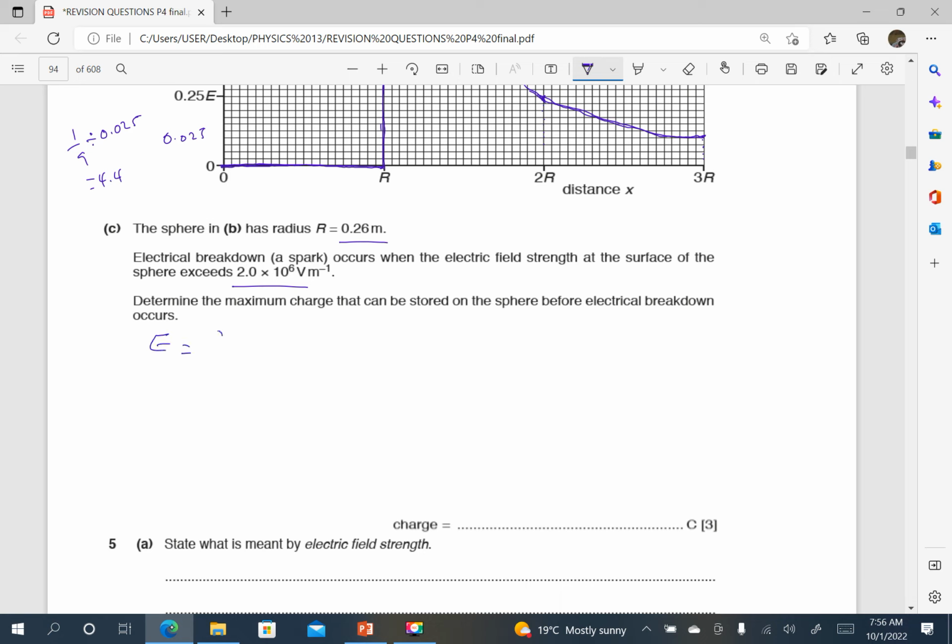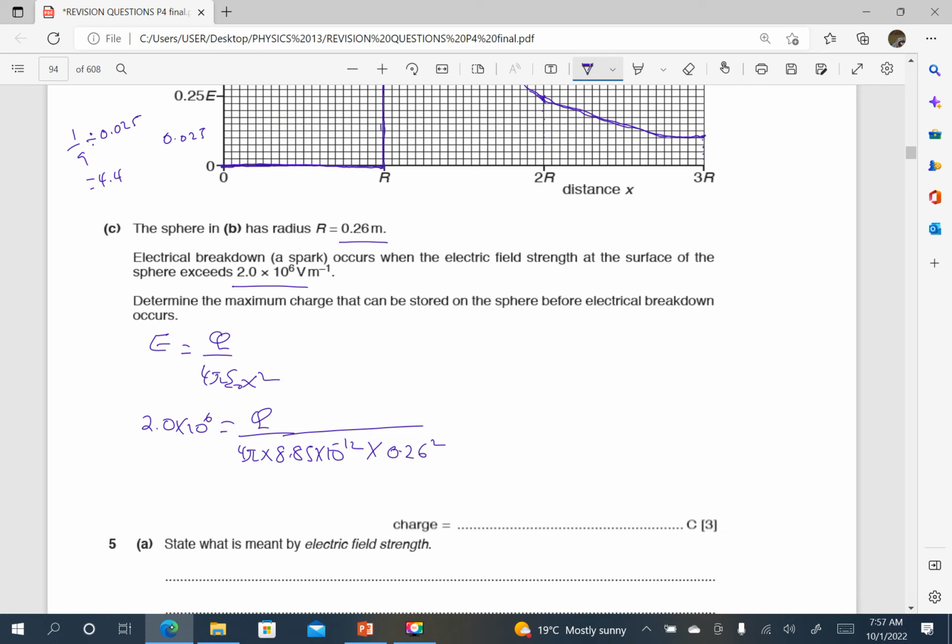So E is equal to Q divided by 4 pi epsilon naught r squared. E should not exceed that, so I will say 2.0 times 10 power 6 is equal to the charge divided by 4 pi times epsilon, which is 8.85 times 10 power negative 12, then the radius is 0.26 squared.